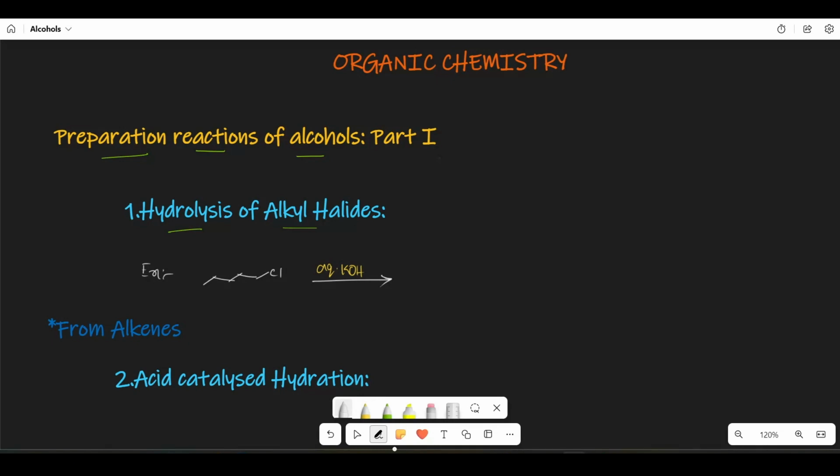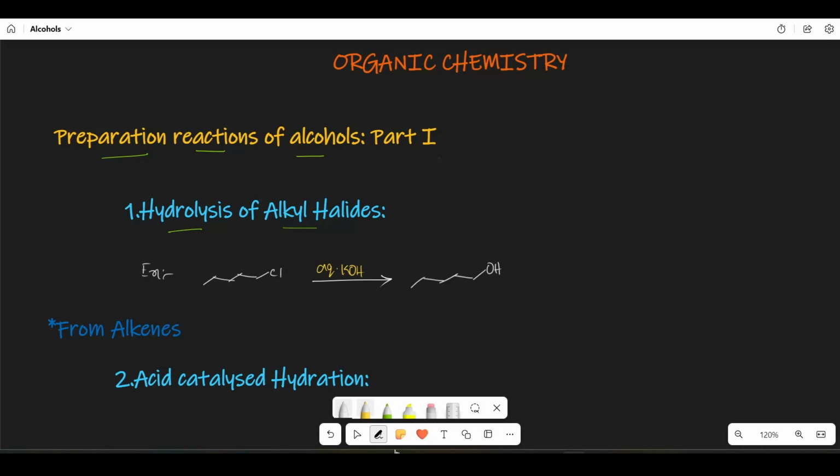Whenever we use aqueous KOH, it undergoes substitution reactions, and if we use alcoholic KOH, then it undergoes elimination reaction. This is very important. I have already told this when I discussed hydrocarbons. It just substitutes OH in place of this chlorine.